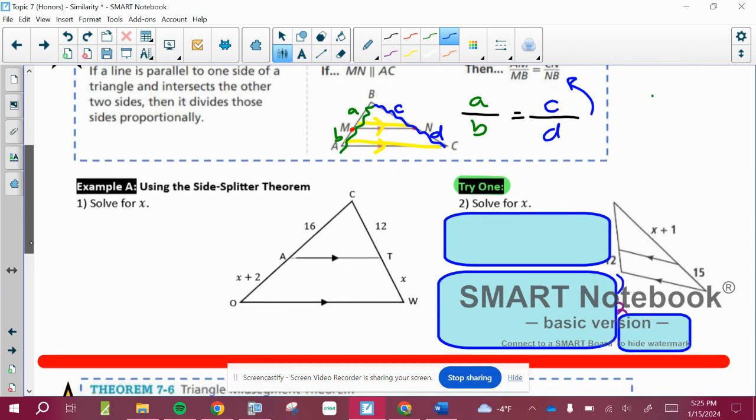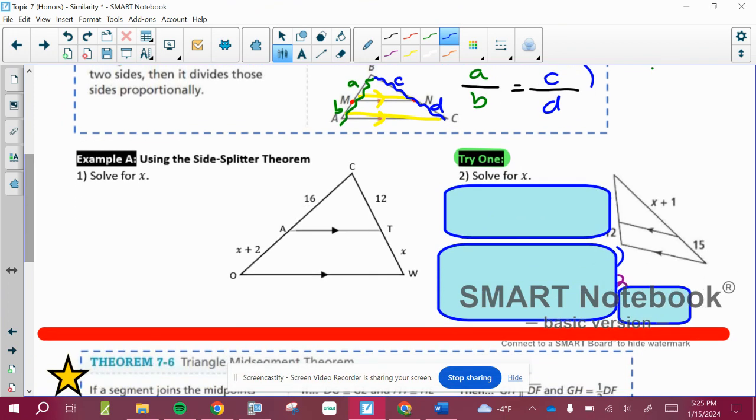So let's apply this in an example and solve for x. Okay, so I'm going to be setting up a proportion here. So remember, our pieces come from one side. I always like to put my x in the first spot. So x plus 2 over 16. I just have to make sure when I do my other proportion that I go in the same order.